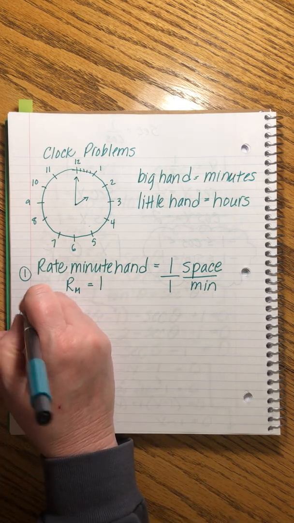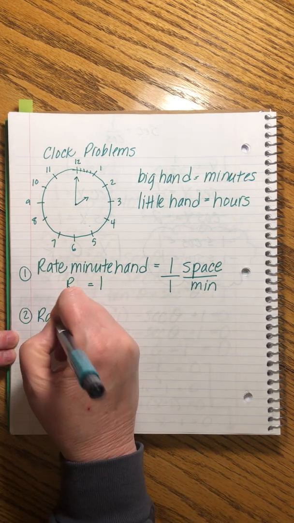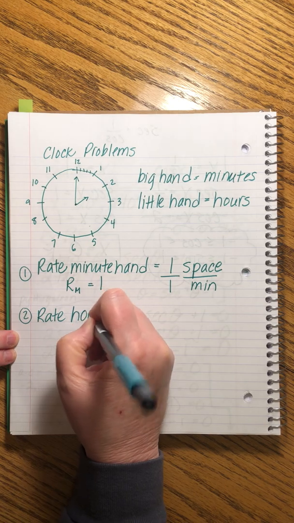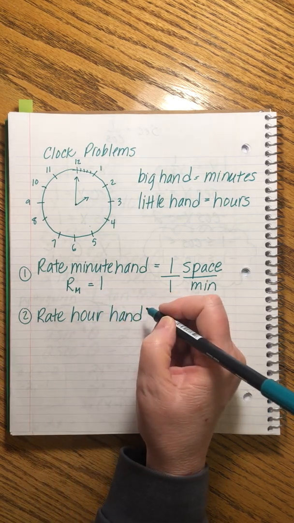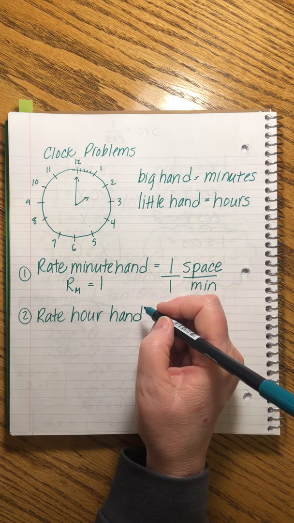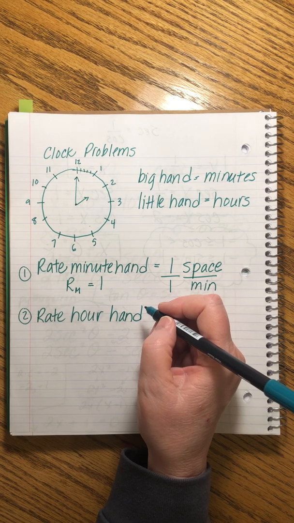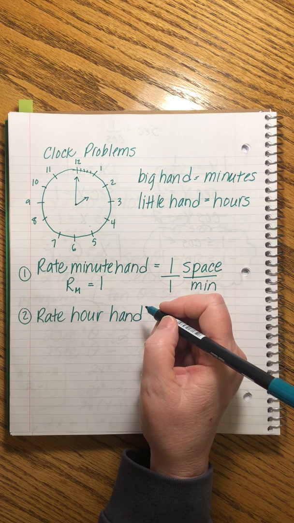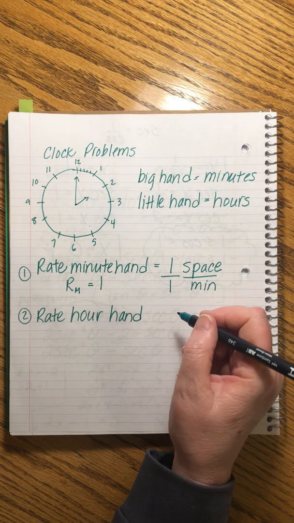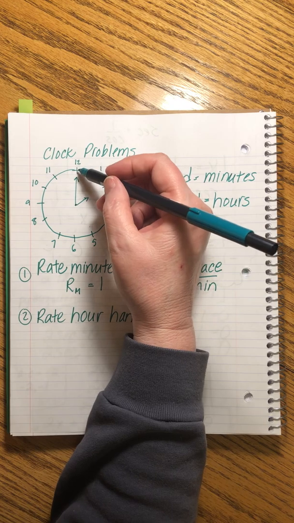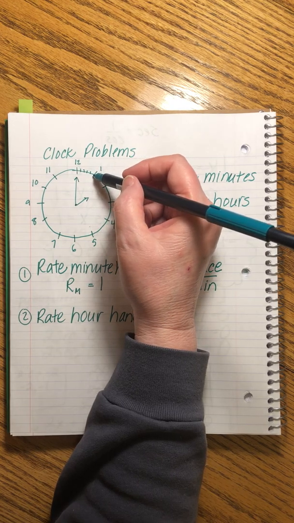The second rate we need to understand is the rate of the hour hand. This one is a little bit more confusing. It goes five spaces in an hour, right?